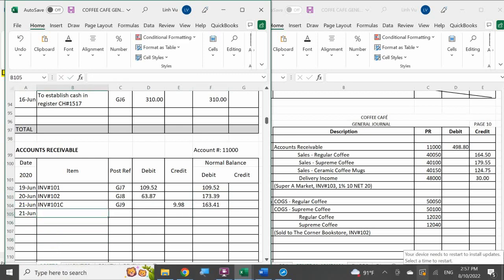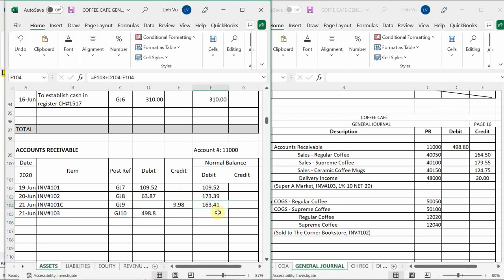And we are on page 10, right? Yes, we are now on page 10. For how much? So the total is 498.80. Good. So what's my grand total accounts receivable? 662.21. Good. Yes.